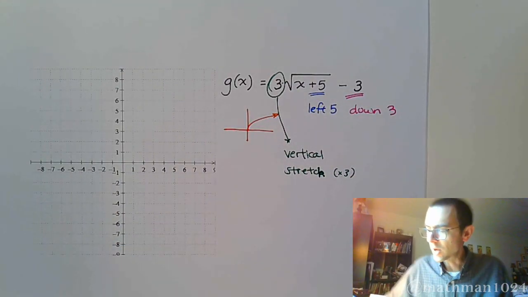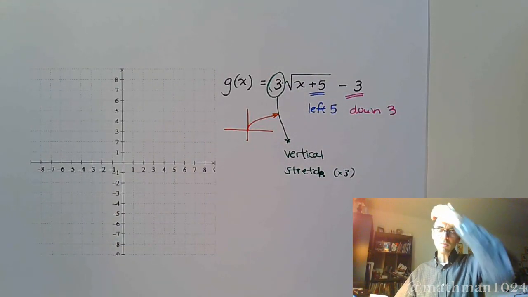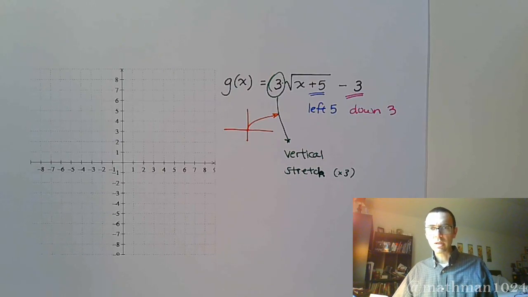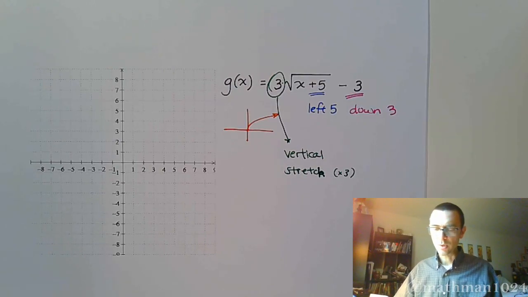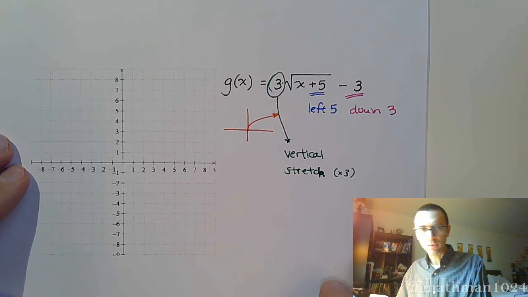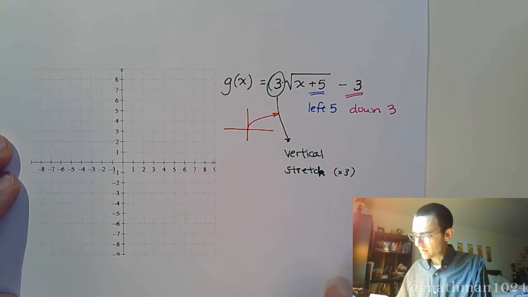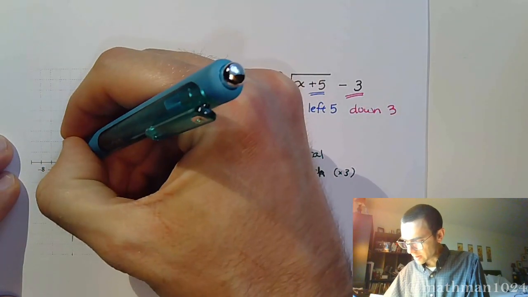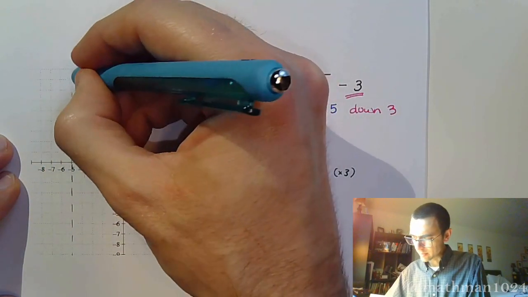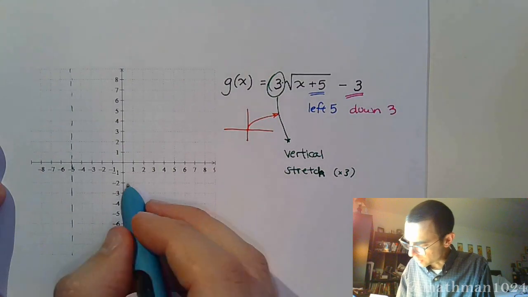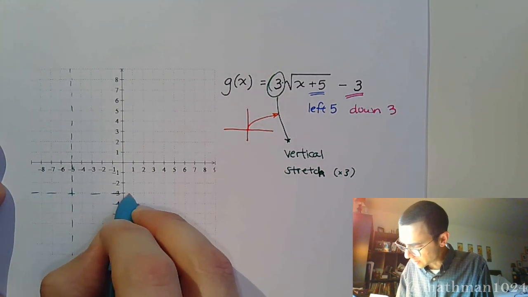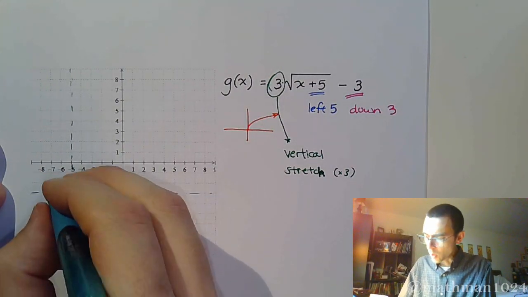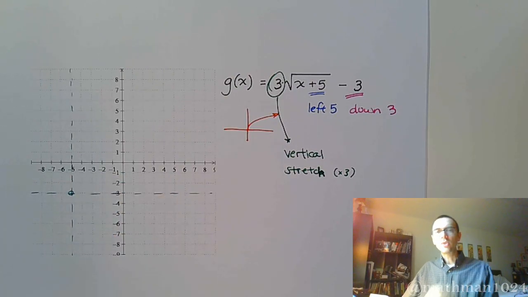So here's what I want us to do. I want us to see what it would look like without the stretch, and then apply the stretch to it. So first of all, we need to go to the left 5, left 5, and down 3. The origin is going to be where this graph starts.